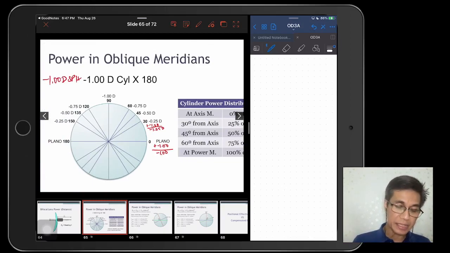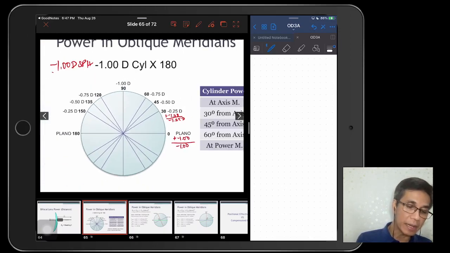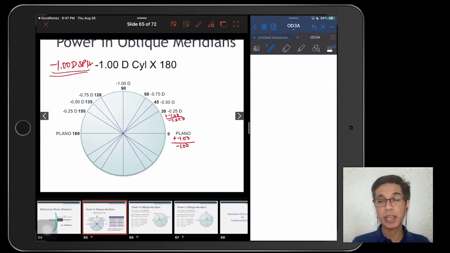Kaya tayo nagdadagdag ng minus 1, okay? Kung sakali lang naman, meron siyang spherical component. Whatever the spherical component is, do not forget na nagbabahagi yan ng equal power on all meridians. Sa lahat ng meridians, tumatanggap siya ng same power as your spherical power.